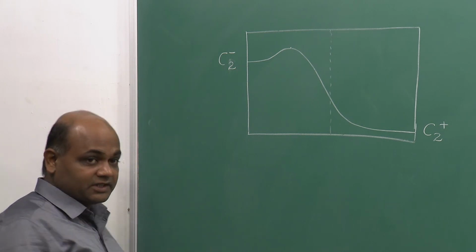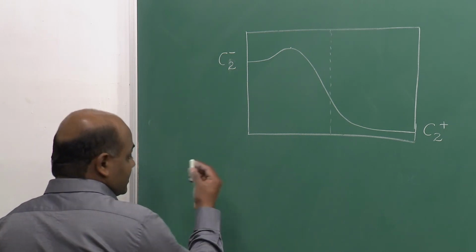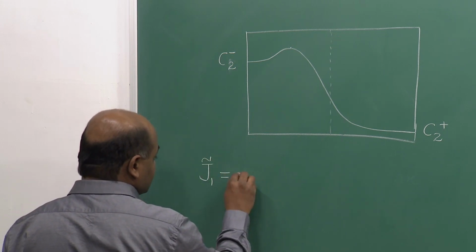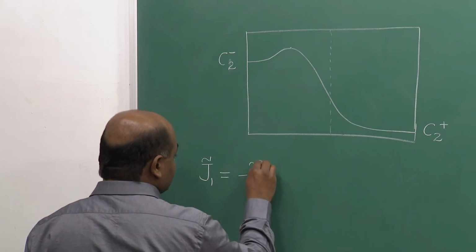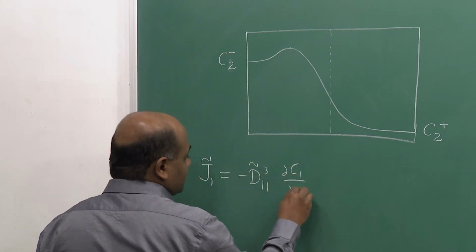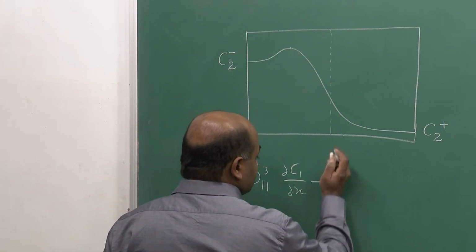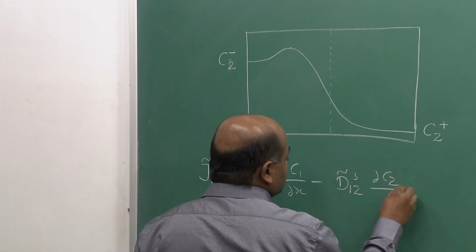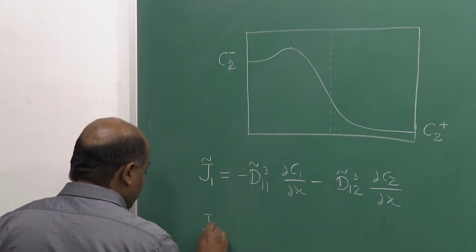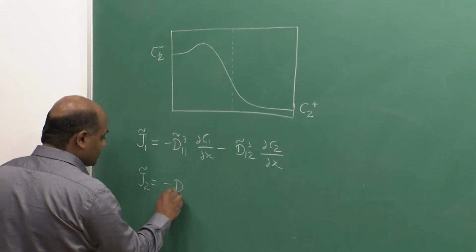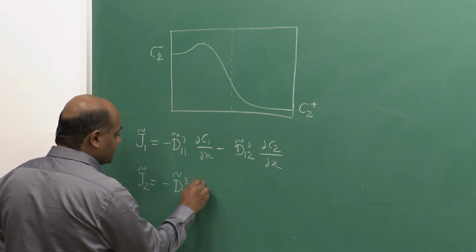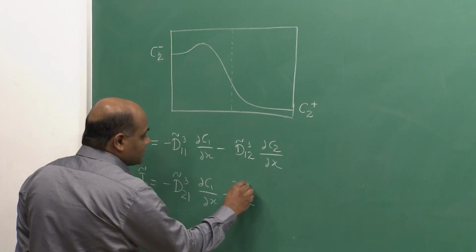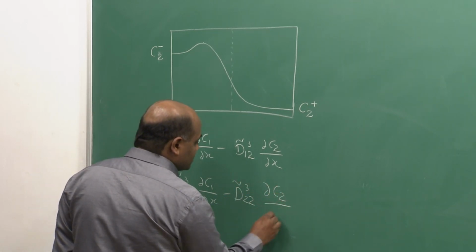So, if this happens in a ternary system, for example, if I treat 3 as dependent component, I can write 2 independent fluxes as J1 tilde is equal to minus D11 tilde 3 dou C1 by dou x minus D12 tilde 3 dou C2 by dou x, J2 tilde equal to minus D21 tilde 3 dou C1 by dou x minus D22 tilde 3 dou C2 by dou x.